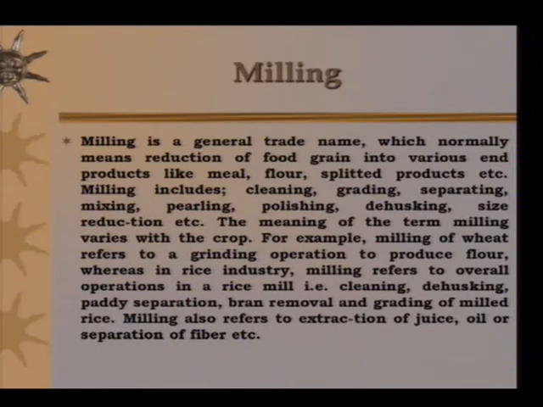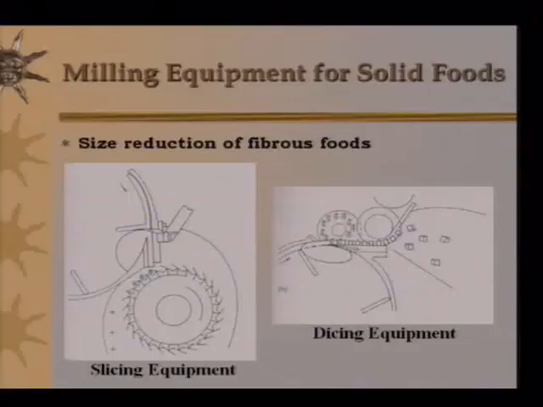For example, milling of wheat refers to a grinding operation to produce flour, whereas in the rice industry, milling refers to overall operations in a rice mill, i.e. cleaning, dehusking, paddy separation, bran removal and grading of milled rice. Milling also refers to extraction of juice, oil or separation of fiber. Now coming to the milling equipment, first we will take up milling equipment for solid foods.